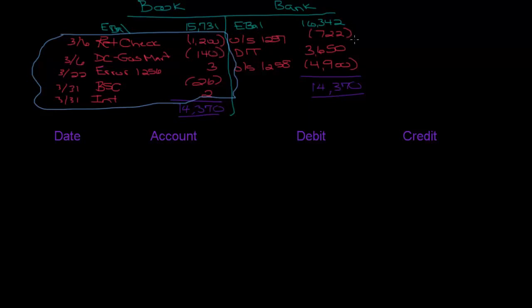So this hopefully will clear in April. The deposit in transit will clear in April, and the other outstanding check will clear in April. So we don't need to record these items because they're already recorded in our books. So these do not record.